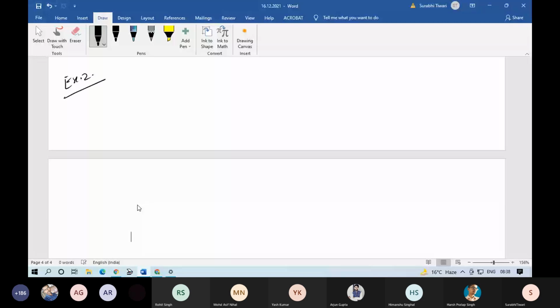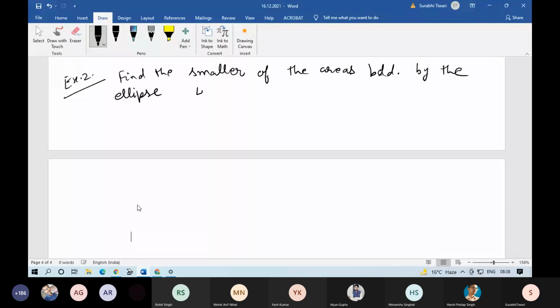Next question: find the smaller of the areas bounded by the ellipse 4x square plus 9y square is equal to 36, and the straight line 2x plus 3y is equal to 6.